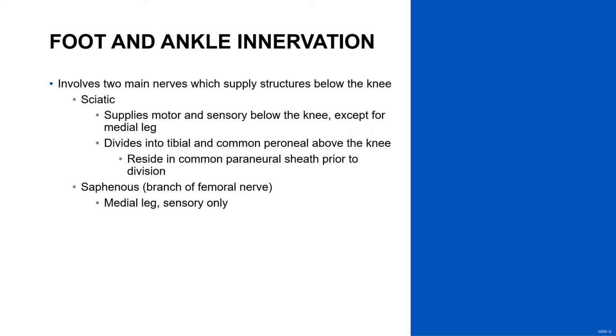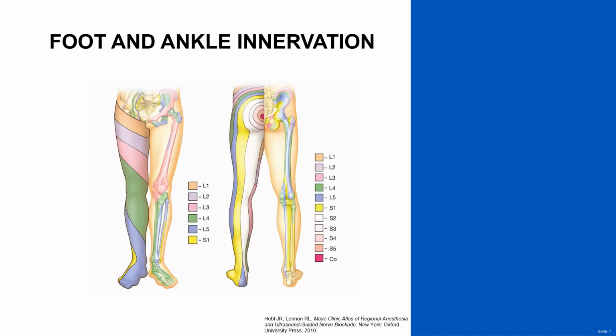These components reside in a common paraneural sheath prior to their dividing. The saphenous nerve, which is a branch of the femoral nerve, is sensory only and provides coverage to the medial leg. In terms of dermatomes, as you can see by this image, L4 through S2 provides coverage for the lower leg.